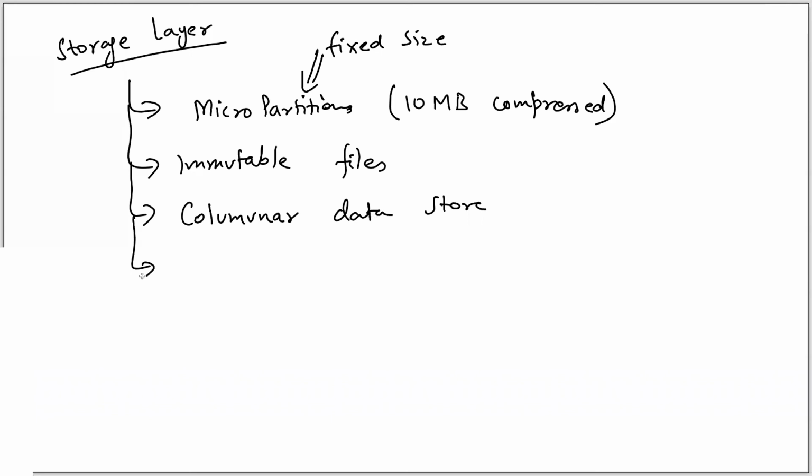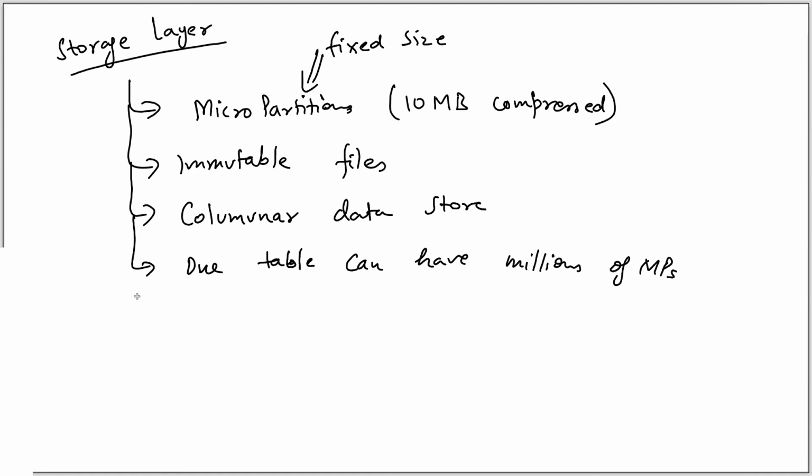You can do dictionary encoding, delta encoding, run length encoding, and many other things. One table can have millions of micro partitions. This is how it is structured.